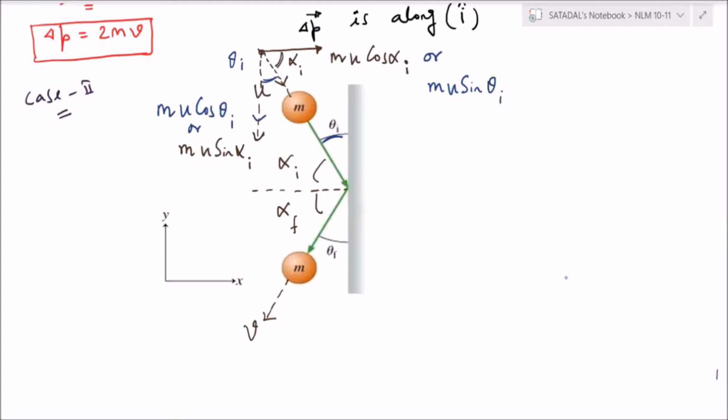Simple component division, nothing else. Similarly, I will take x and y component here too. If this is theta f, this is also going to be theta f. So component is going to be mv cos of theta f. In this direction, mv sine of theta f.